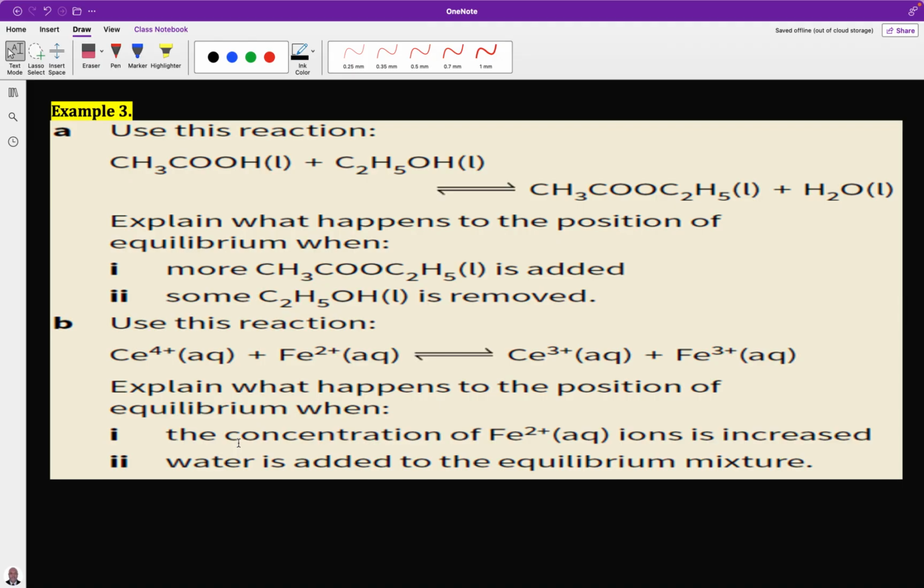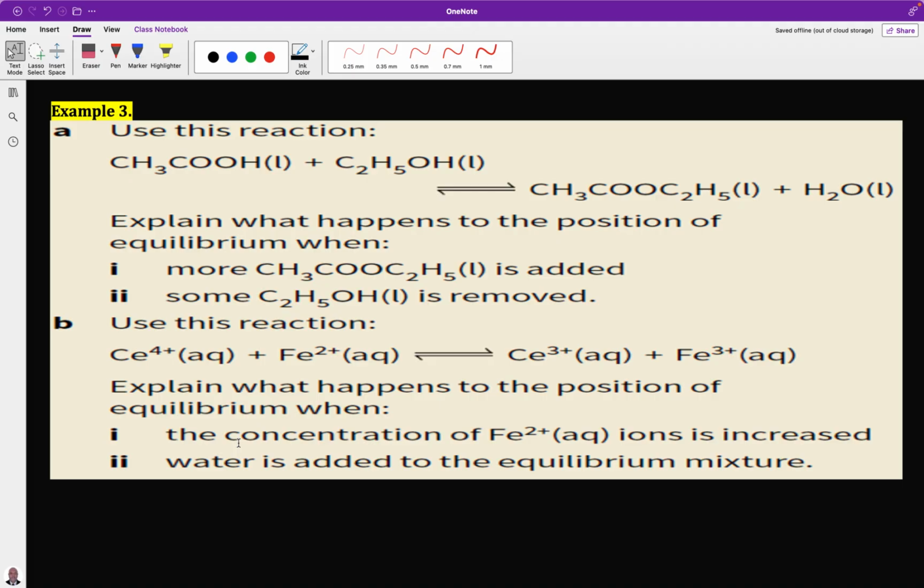Ethyl ethanoate is formed, that's an ester, and a molecule of water.